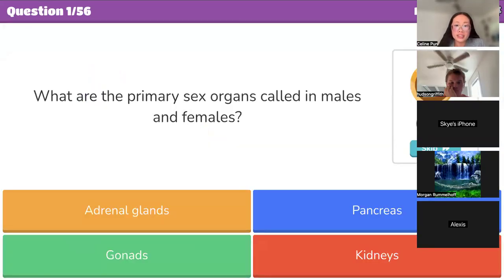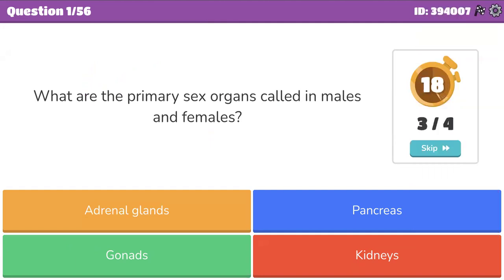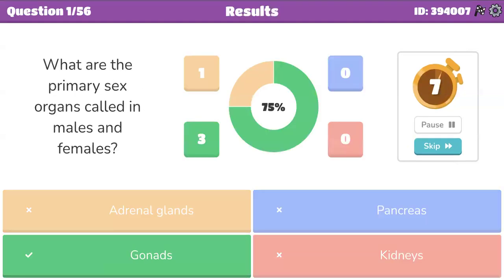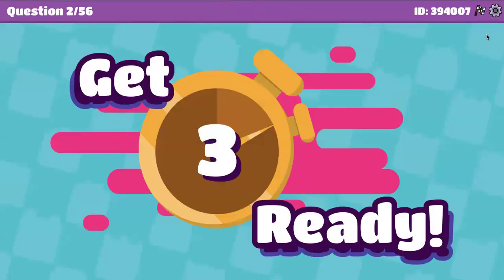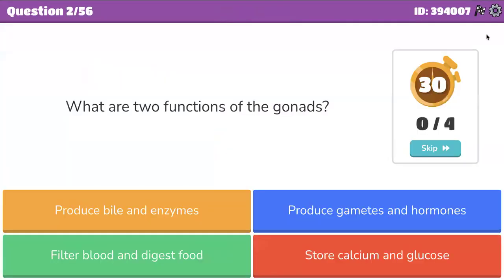What are the primary sex organs called in male and females? Gonads. What are two functions of the gonads?